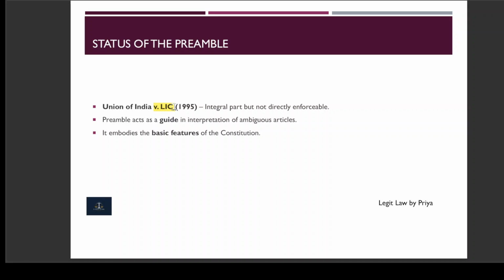But if preamble is violated, how will you file a writ? So preamble is not directly enforceable, but preamble is guiding light for the interpretation of the constitution. If any article is ambiguous, it means we don't understand the exact meaning of the article and we are confused, then our preamble will act as guiding light and guide how we should interpret it.